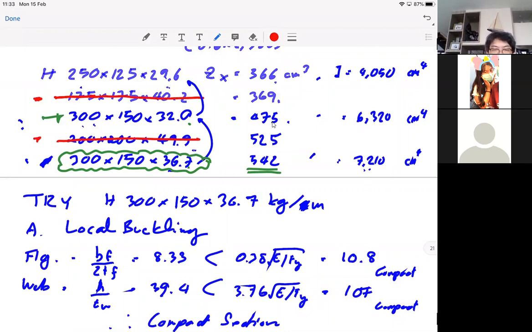So that's why we try to choose the lightest section. You can see this is the weight. 49.9 kilogram per meter must be more expensive than this one for sure, because it's heavier. And this one will be more expensive than this one for sure, because it is heavier. They sell steel section based on the weight.